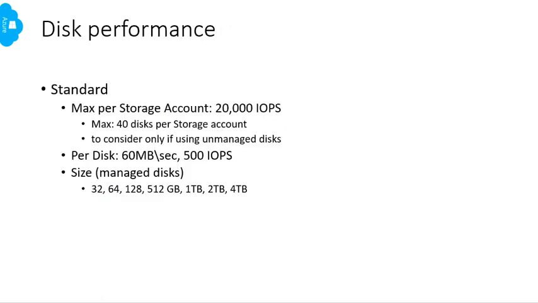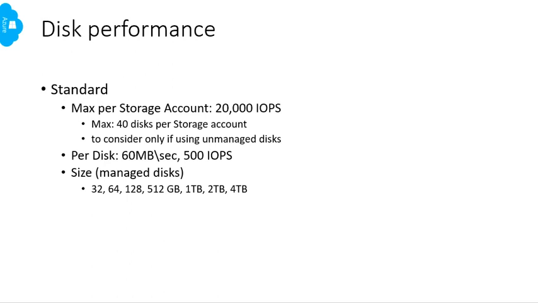Next, moving to standard: the max per storage account is 20,000 IOPS. If you are not familiar with this, I recommend reading about IOPS and how that works with disks. We can have a max of 40 disks per storage account, and you can consider unmanaged disks only.